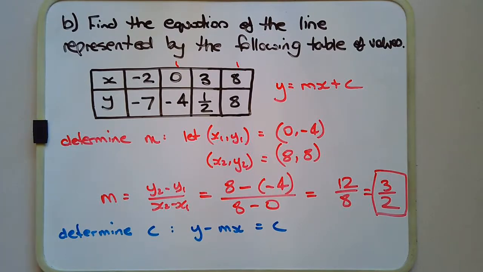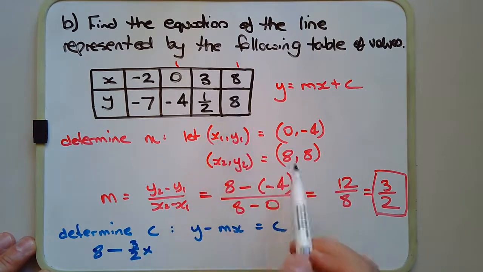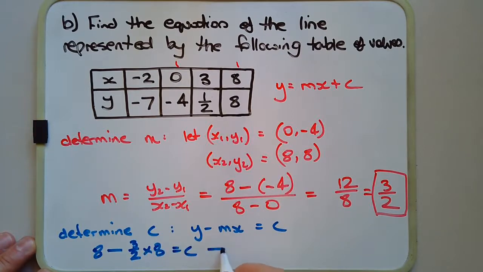Pick a nice point. Let's pick 8, 8 again. I just like those two numbers, nice and easy to work with, both positive, no fractions. So we've got a y value of 8. 8 minus mx, so that's 3 on 2 times x, which is 8, using the point 8, 8, is equal to c.